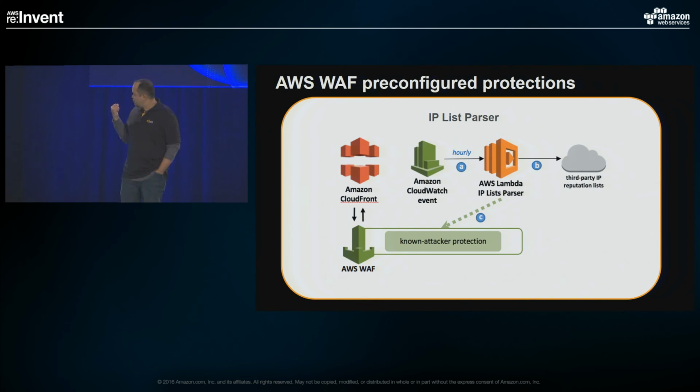We also pull IPs from the Tor exit nodes list, and then the Proofpoint Emerging Threats IP list. So those are the 3 that are part of the solution. But again, if you have other providers of these types of reputation lists, you could certainly extend this to accommodate that.